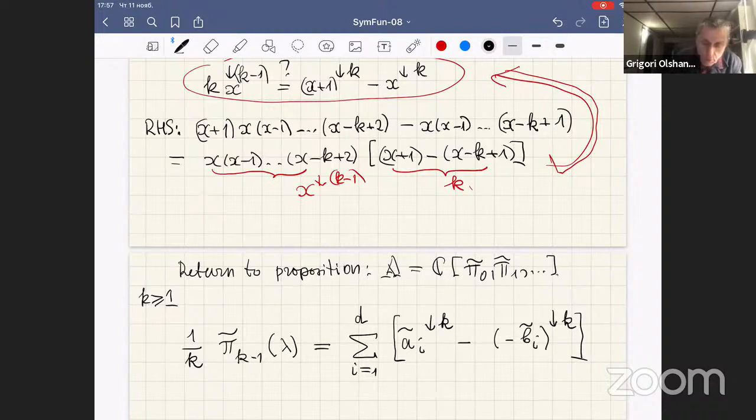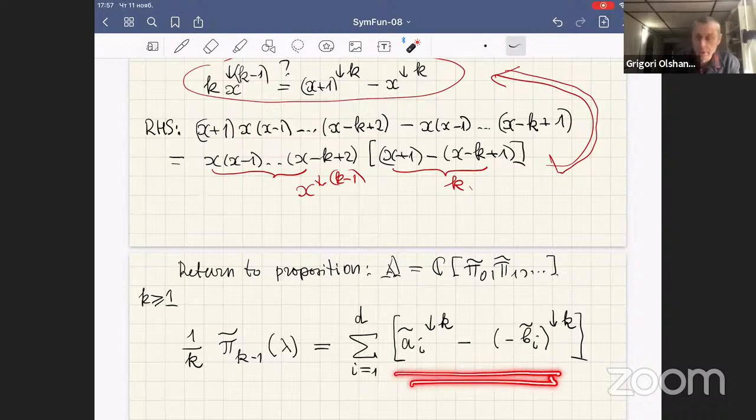Why? Because we know that our algebra A is generated by these expressions, almost these ones, with ordinary powers instead of factorial ones.